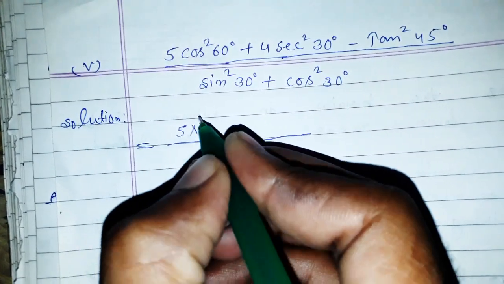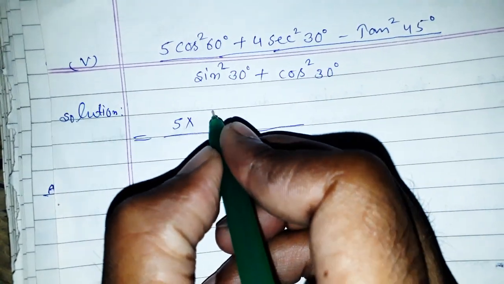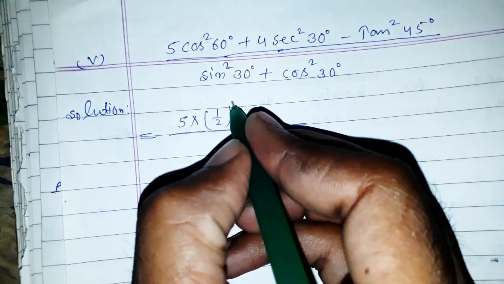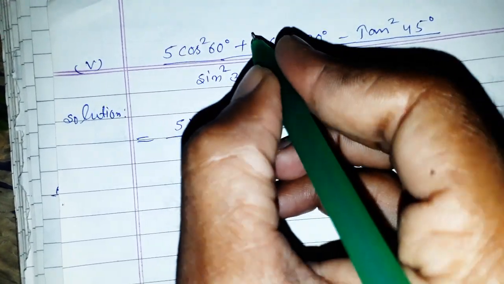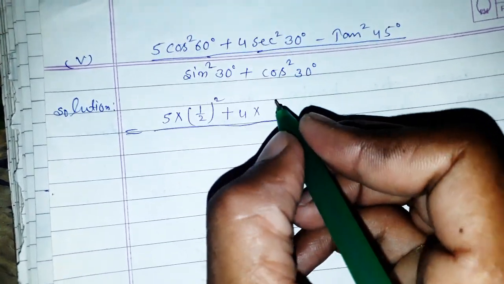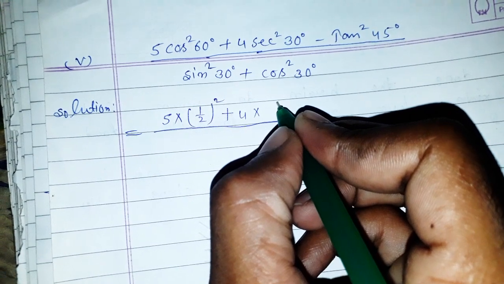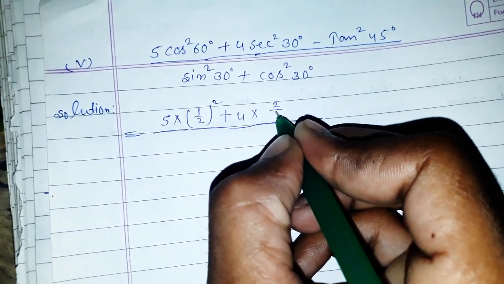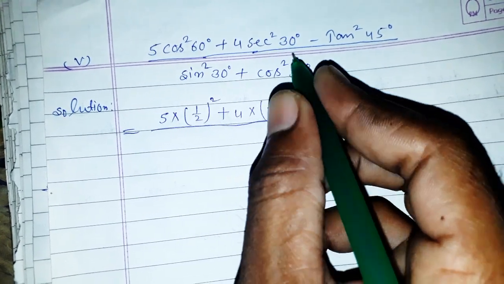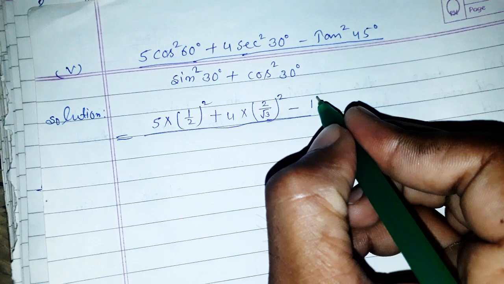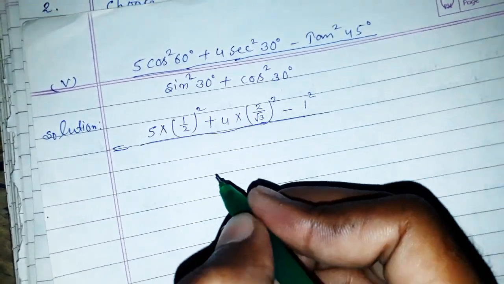5 into cos 60 degrees, 1 upon 2, but here is square, so this is square, plus 4 into sec 30 degrees, 2 upon root 3, but here is square, so this is a square, minus tan 45 degrees 1, but square, so square.